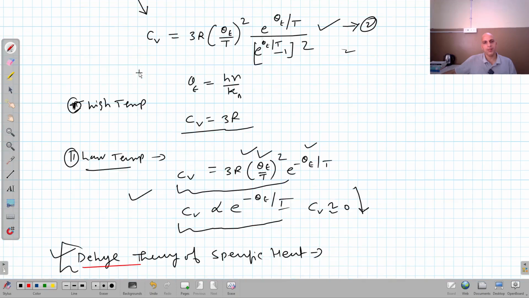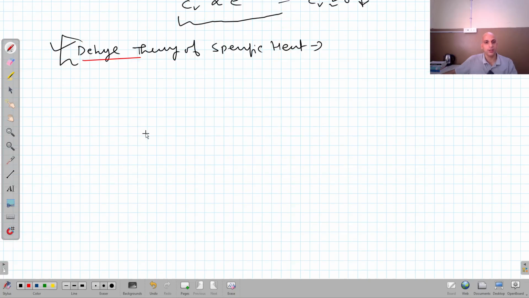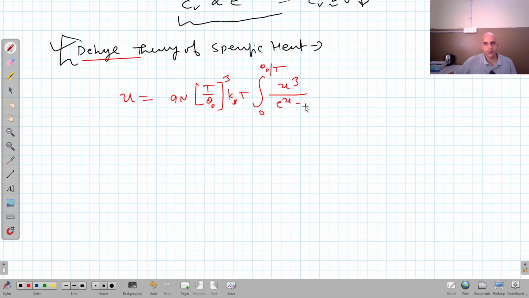When Debye calculated the total vibrational energy of a given solid, it came out to be U equals 9N into (T upon theta D) to the power 3 times kB T, integral from 0 to theta D upon T of x cube upon e raised to power x minus 1 dx.